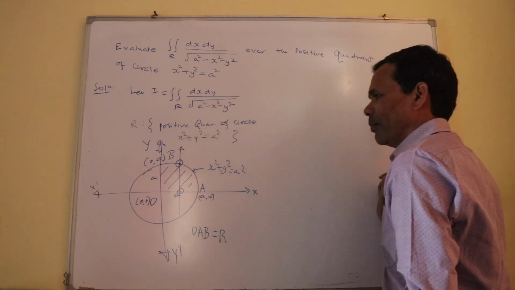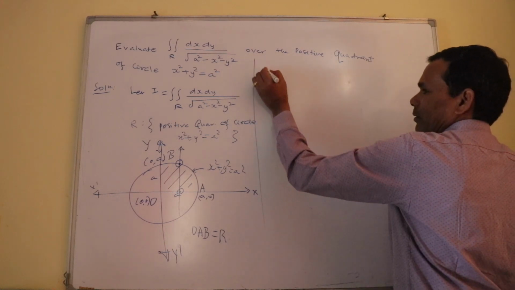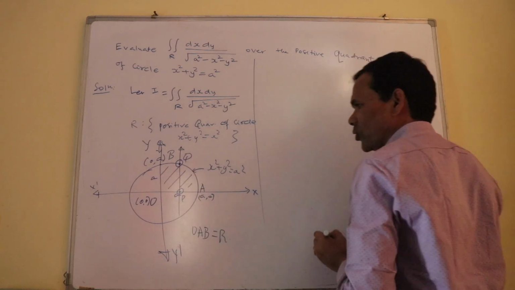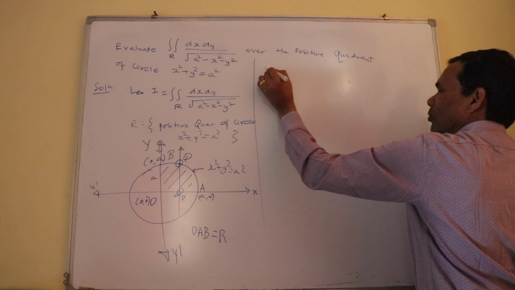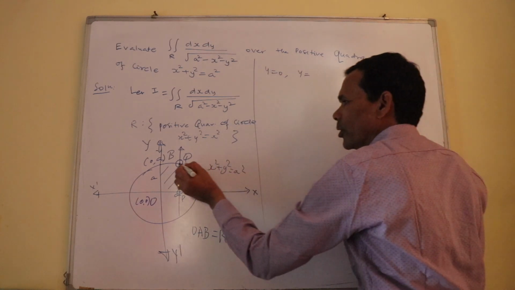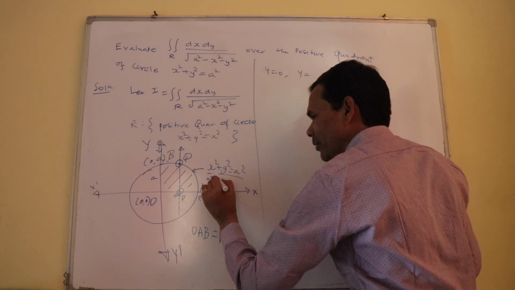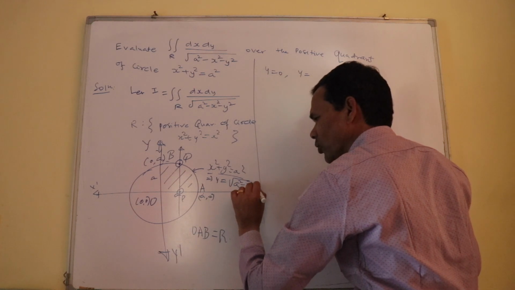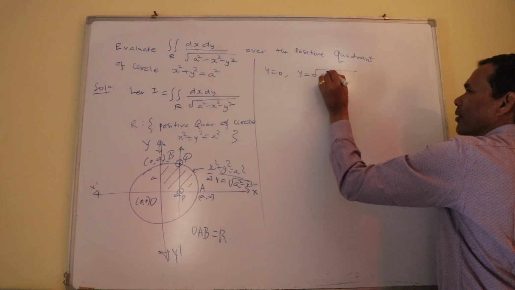At this particular point, that is the lower end, suppose this point is P and this point is Q. At P, y is equal to 0. At Q, because it is the boundary of the circle, y is equal to the positive square root in the positive quadrant, so root of a square minus x square.